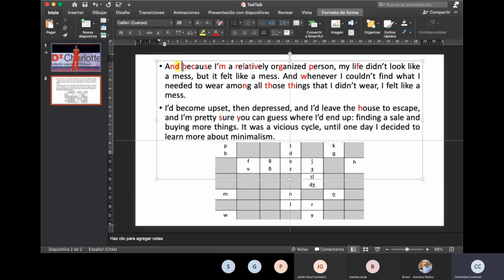Okay, so the next consonant sound is B, which is a stop, bilabial, and voiced sound. Can someone describe the next sound, this one? I can. Okay, go ahead.